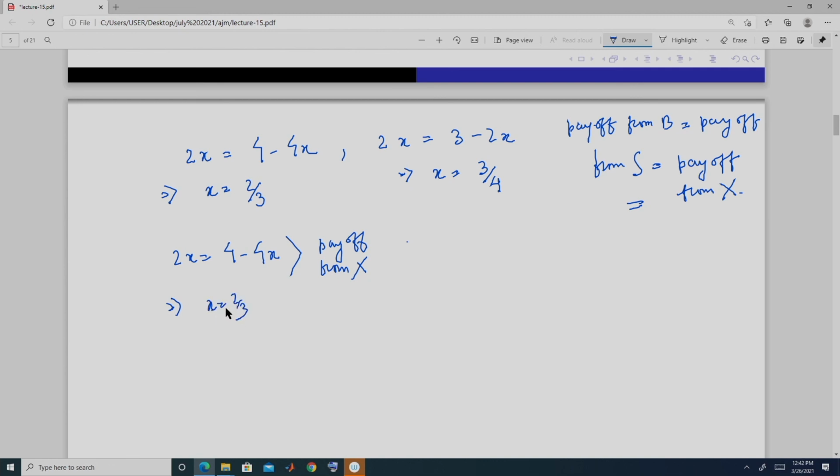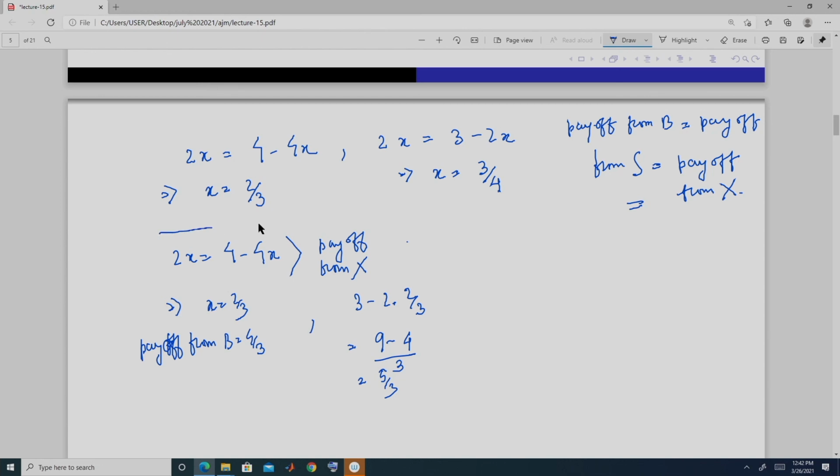If X is equal to 2/3, then payoff from B is equal to 4/3 and payoff from X is 3 minus 4/3, it is 5/3.